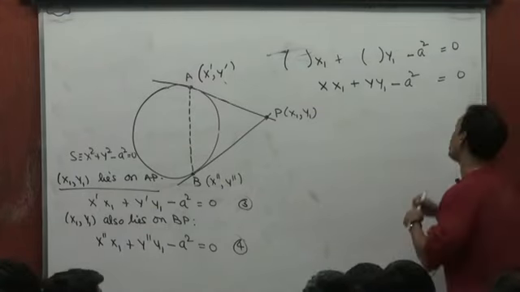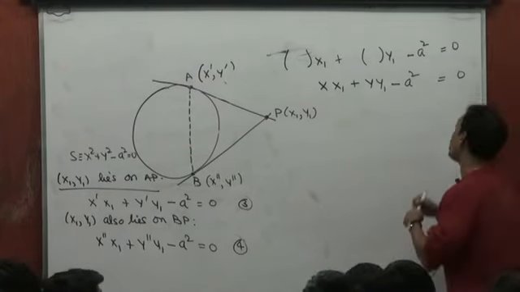If you replace x, y by x prime, y prime, you get x prime x1 plus y prime y1 minus a squared, and this is 0. Refer to 3. It is 0. That means x prime, y prime lies on this line. Yes or no?